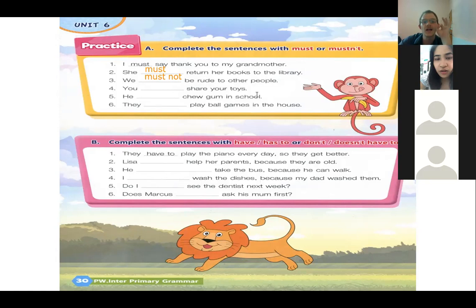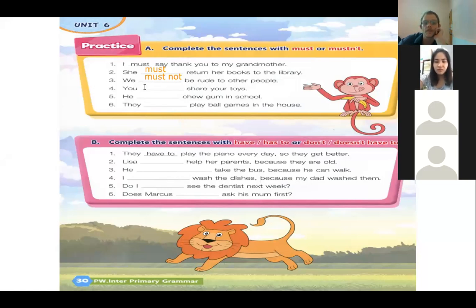How about number 4? You share your toys. What do we think?